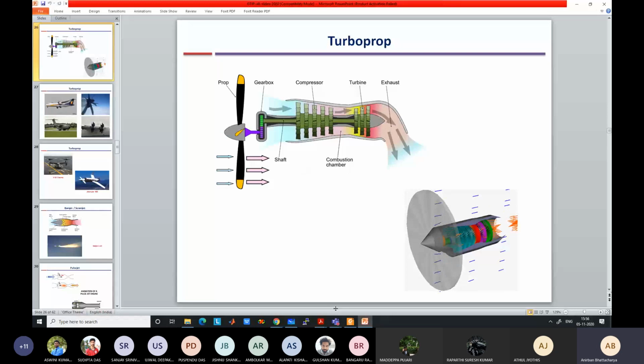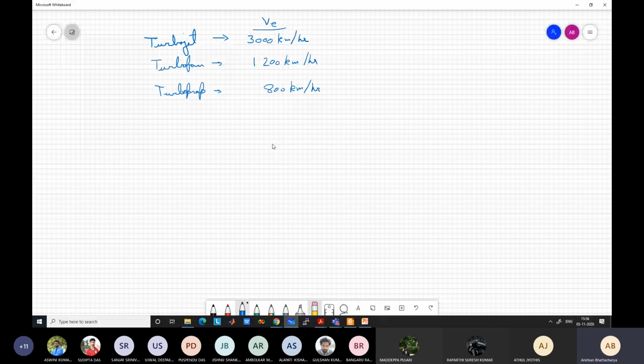Based on this, we have discussed the type of application for each of these aircraft. If we need an aircraft with very high velocity, say our requirement is that the aircraft should fly at 2000 km per hour, then obviously turbofan or turboprop cannot provide this velocity, because the exhaust velocity itself is lower than this velocity.